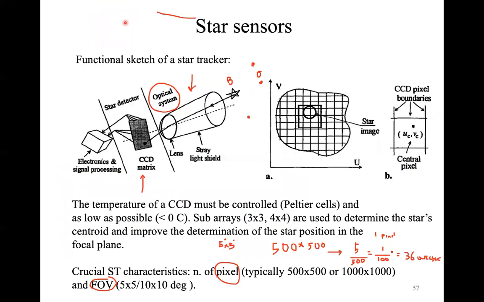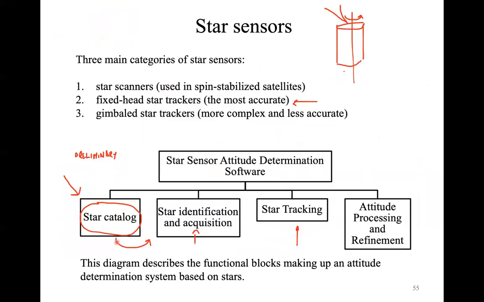So in this software scheme, the star sensors also give you information regarding the gyroscopes. Because as I said, gyroscopes are important when you don't have an accurate measurement of the attitude and you have to initialize your star sensor. But star trackers are also very important in the star tracking mode for the gyroscope itself.